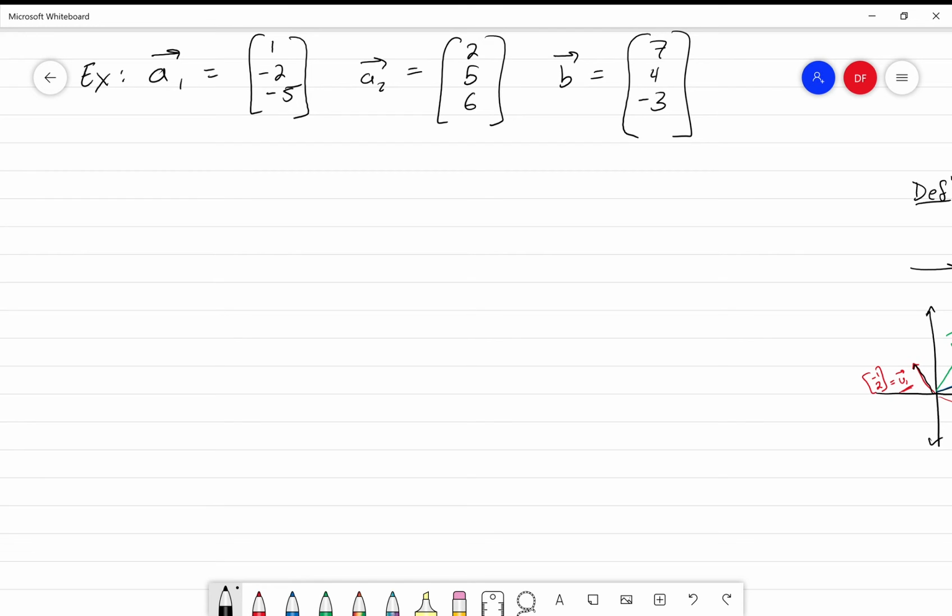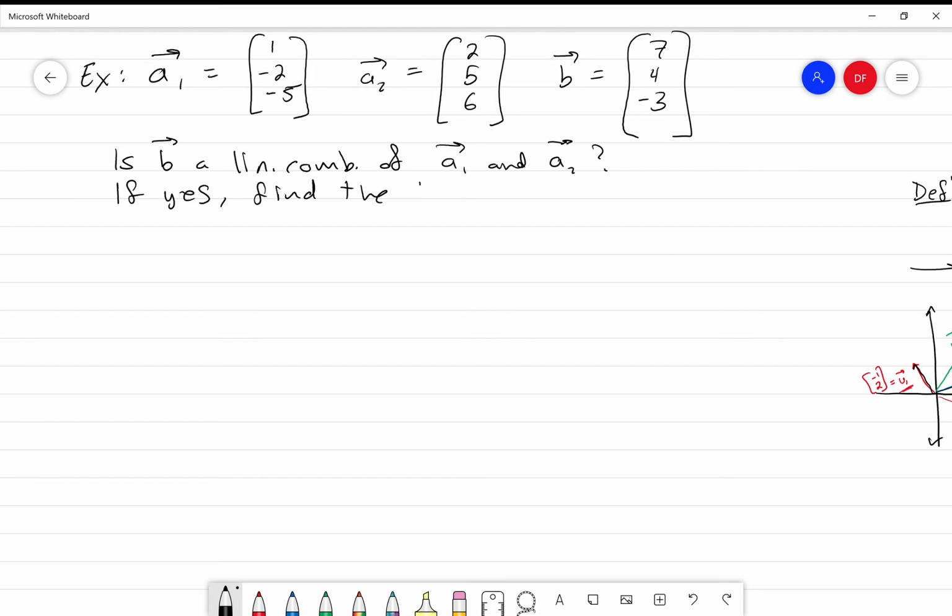And I ask, is b a linear combination of a1 and a2? If yes, find the linear combination.